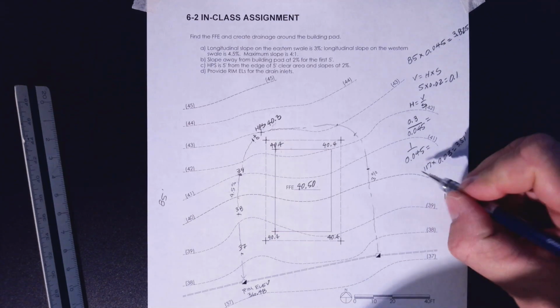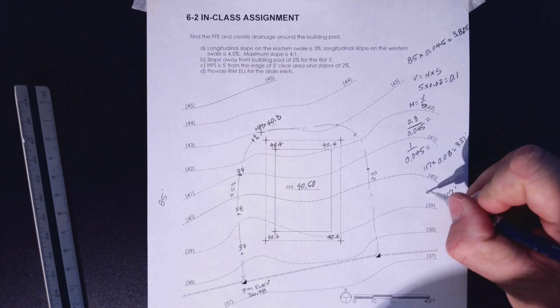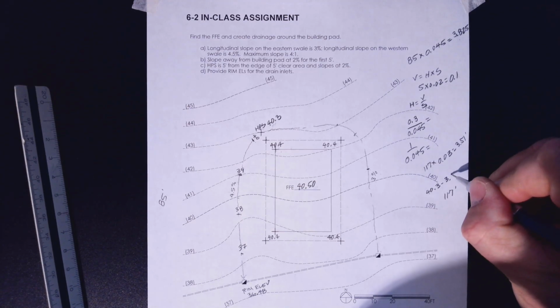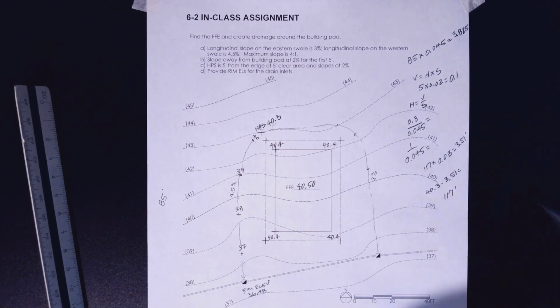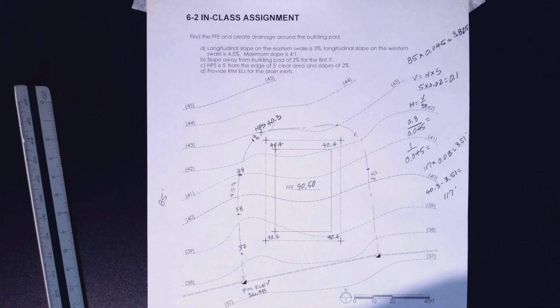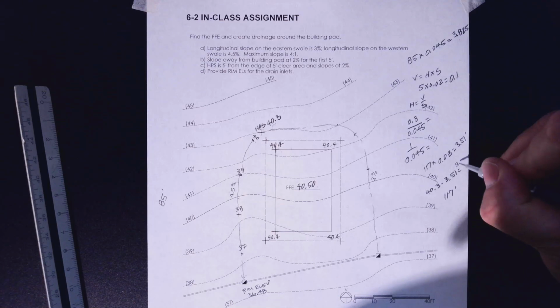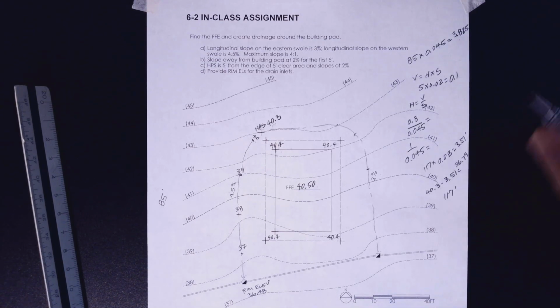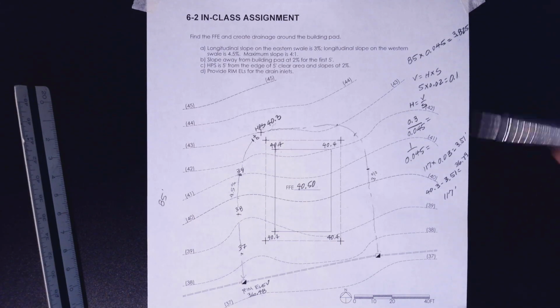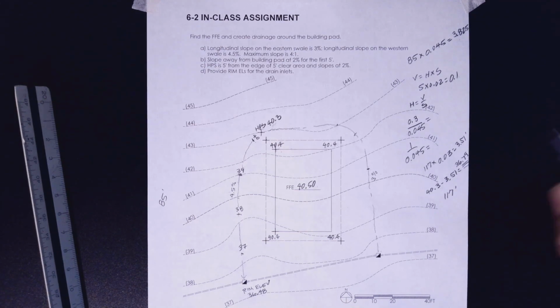So let's subtract: 40.3 minus 3.51 equals 36.79. So it drops from here to here.